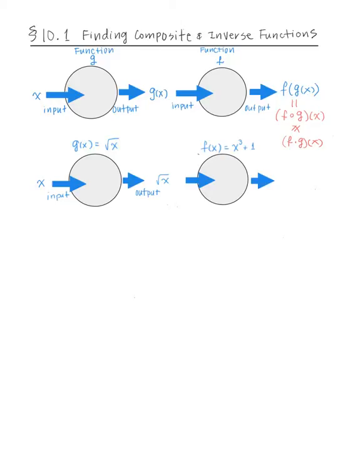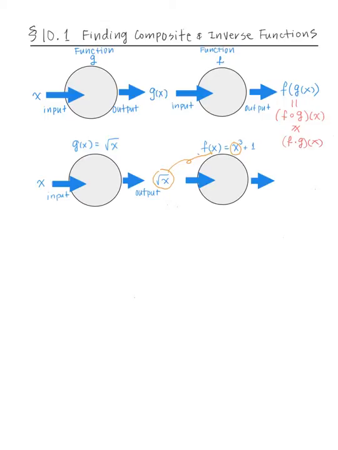Now we're going to take that square root of x and plug it into f of x. That means you're going to have to replace this x with the square root of x. So what is the expression that we're going to get out of that?